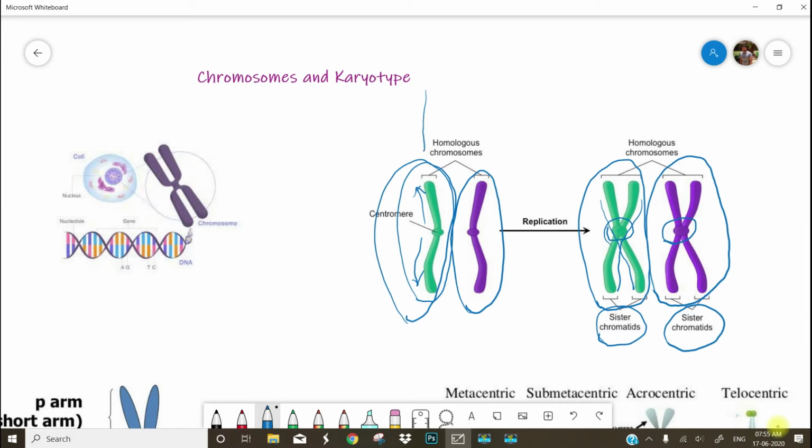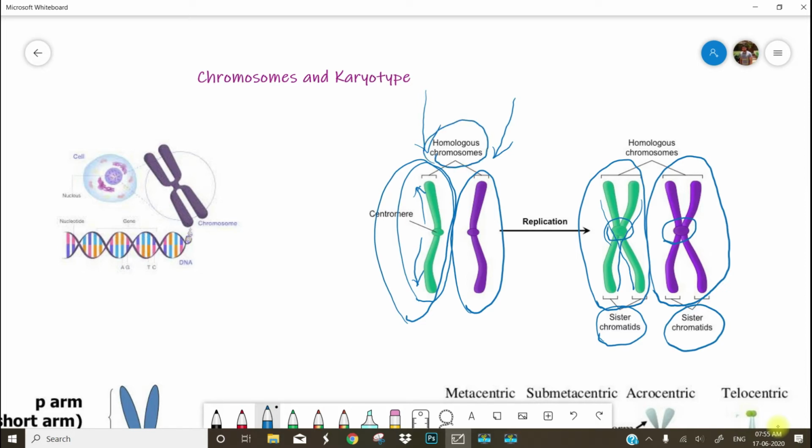We can consider this green one as the chromosome we inherited from our father, and this blue one is inherited from our mother. So we have such 22 pairs in all our somatic cells, which are identical in size, shape, and staining pattern. We can call these identical chromosomes homologous chromosomes.